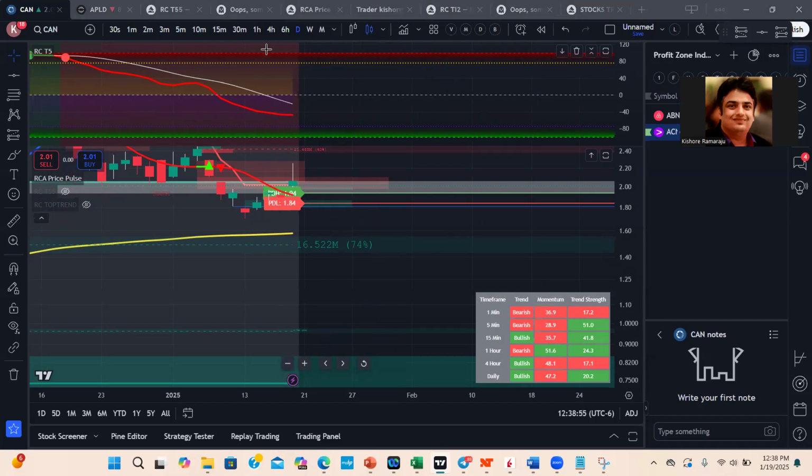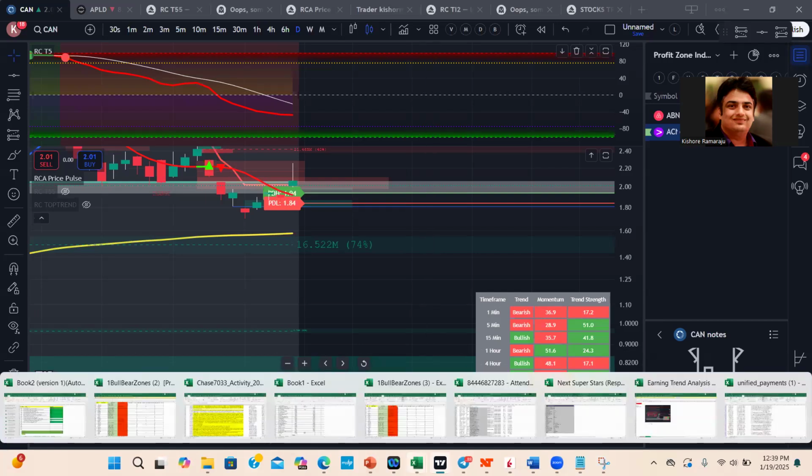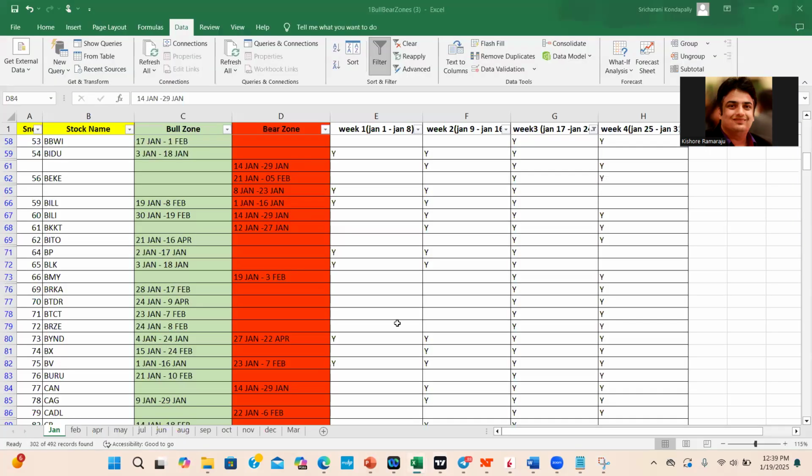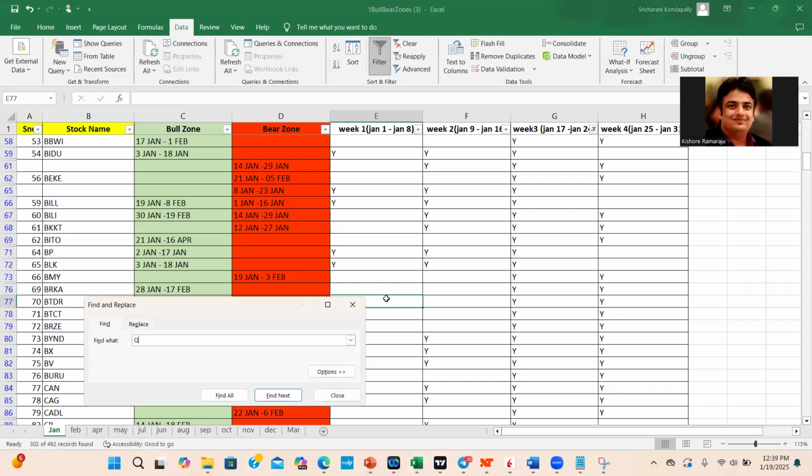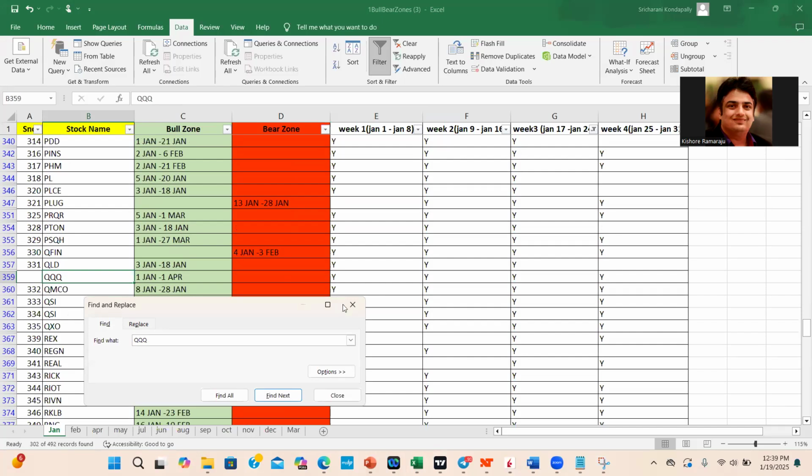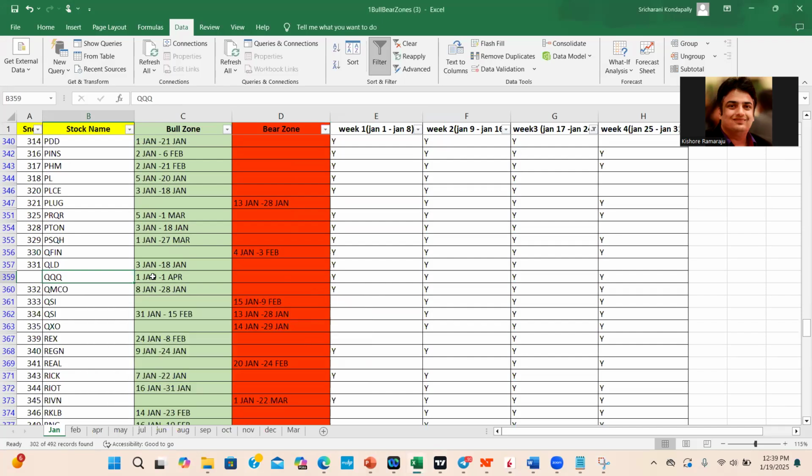Yes, it also works for indices. QQQ is still looking very bullish. MCO is looking bullish.